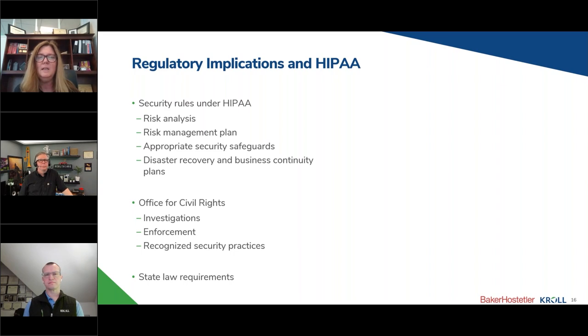The number one thing is conducting an annual security risk analysis. It's not required that you go outside. It can be conducted by an internal team. I think it's always good to have some external resources, at least from time to time, come in and do the security risk analysis, so you can get the benefit of what's happening across the industry.